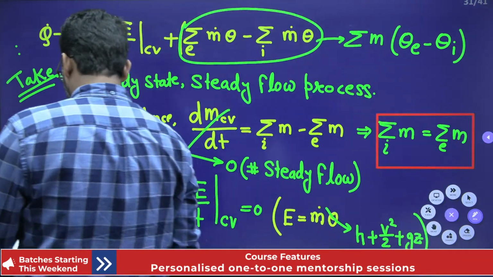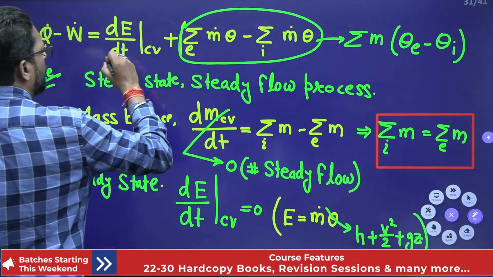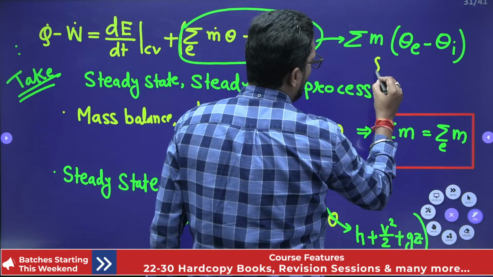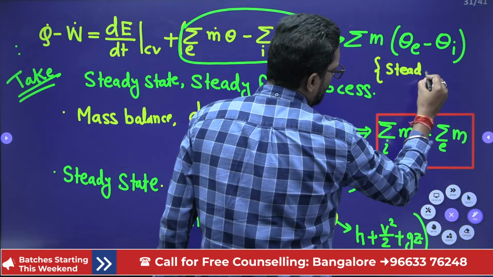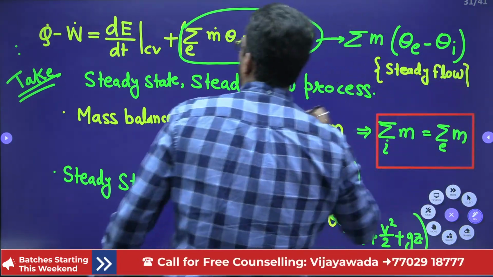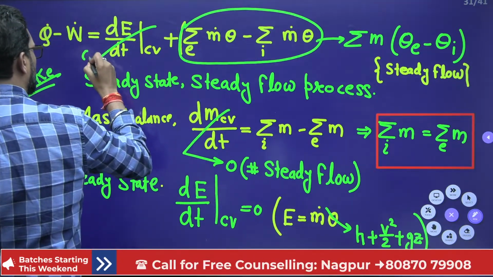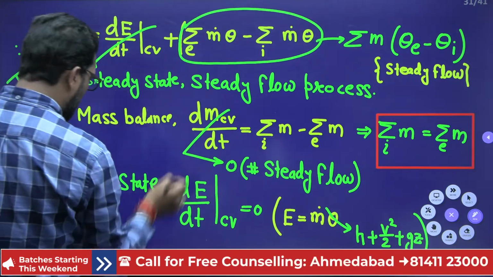Theta exit minus theta inlet, yes or not? This is for steady flow. And this is 0 when there is a steady state. So how can we write?